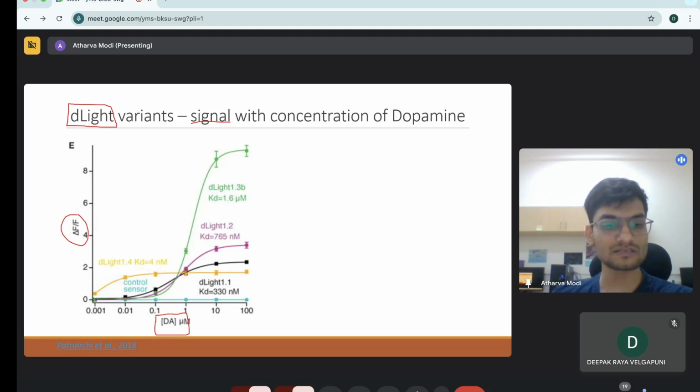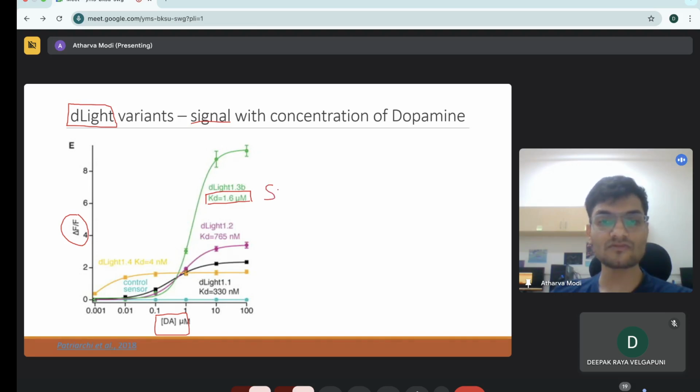So choosing a different kind of sensor is another thing that we need to consider here. You need to look at graphs like this. You need to look at the value of KD, which is the dissociation constant. This dissociation constant means the concentration of dopamine at which you achieve 50% of max signal.